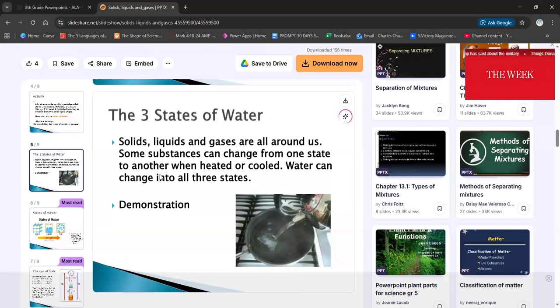That's just the principle of how water can go all the way from steam, and when you allow it to cool down, steam would turn to liquid water. And if you now put that water in the refrigerator and leave it for a long time, what will happen? It will become a solid, isn't it?